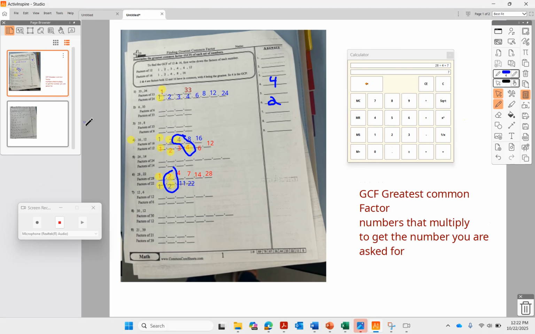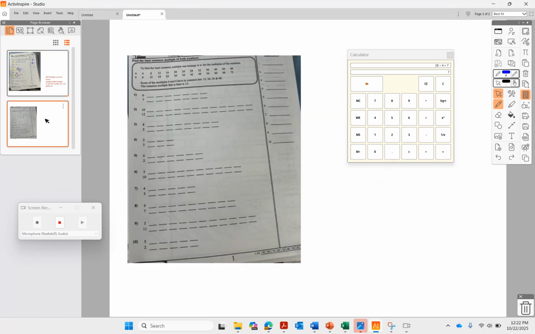Let's look at the next sheet, which I'm going to assume is least common multiple. Let's see. It is. So multiples are basically multiplying by each number.